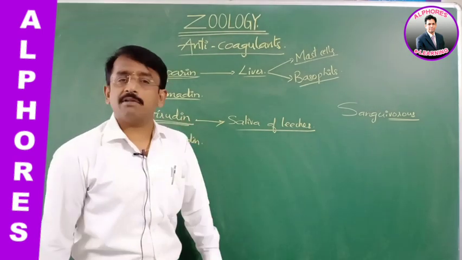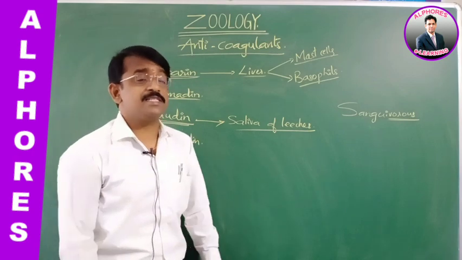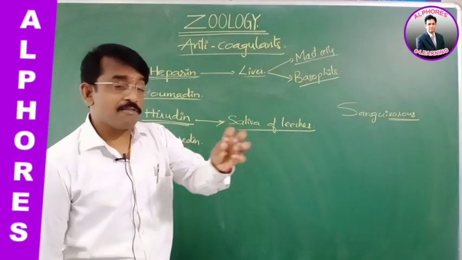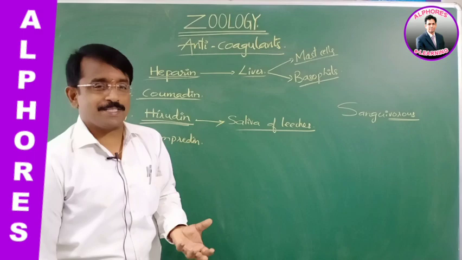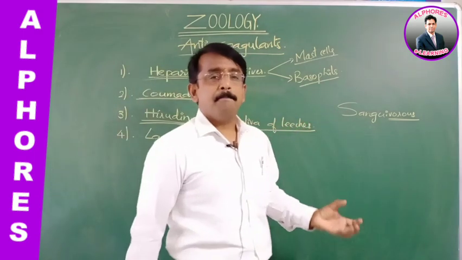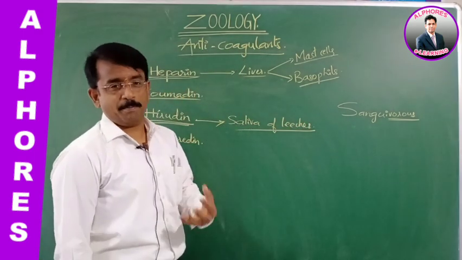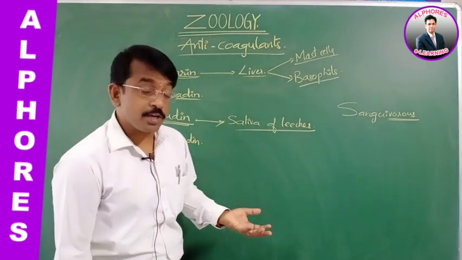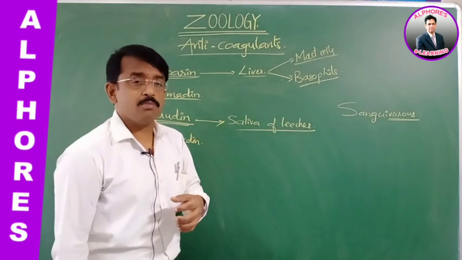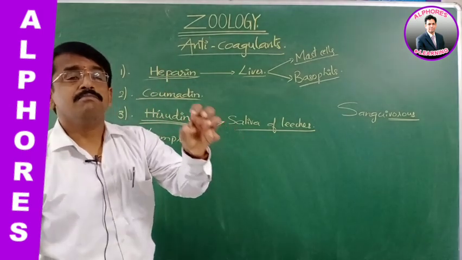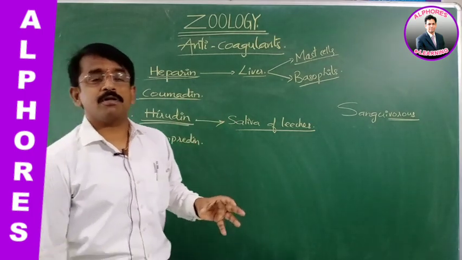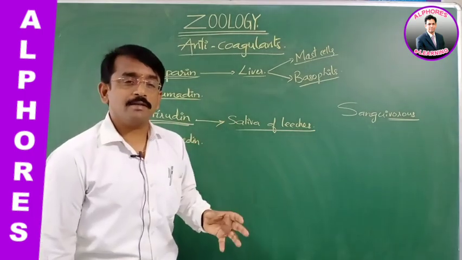You know very well larvivorous: Gambusia affinis is a fish which feeds on the larvae of mosquito. So here sanguivorous means blood sucking. The leech is a blood sucking animal. However, one more is also there: mosquitoes are also blood sucking.